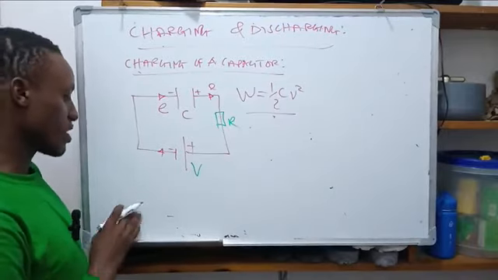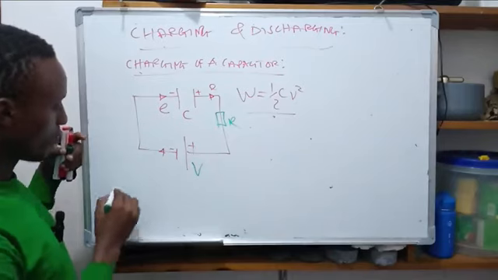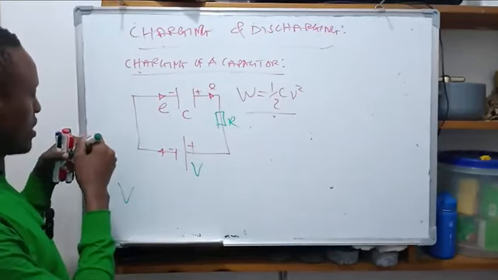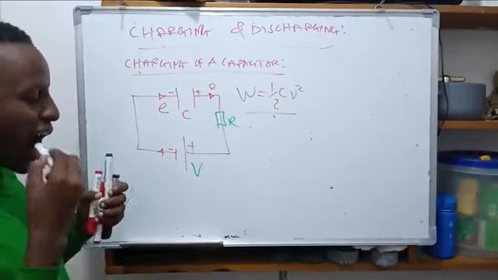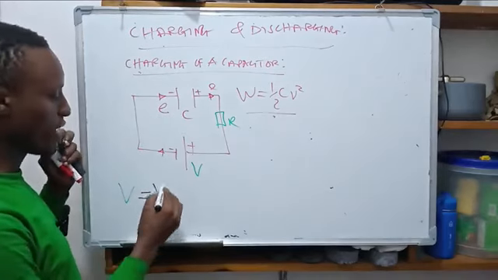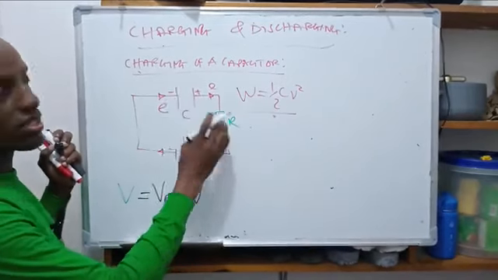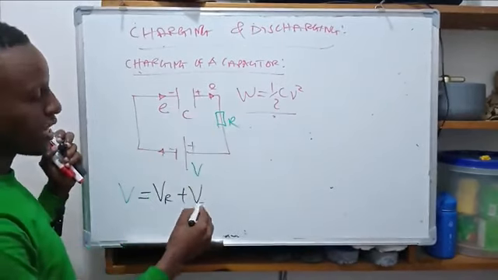So speaking about that, we can say, talking about the voltage supplied by the cell, the voltage is just equal to V across the resistor plus the V that will be dropped at the capacitor.